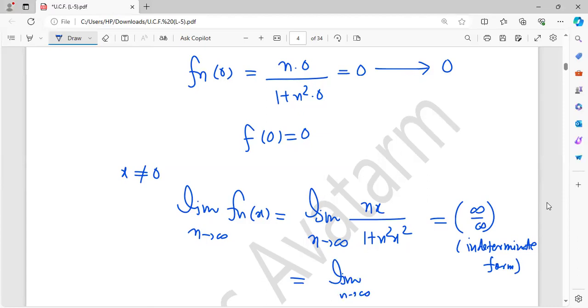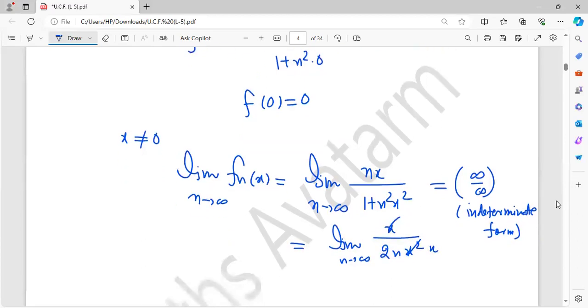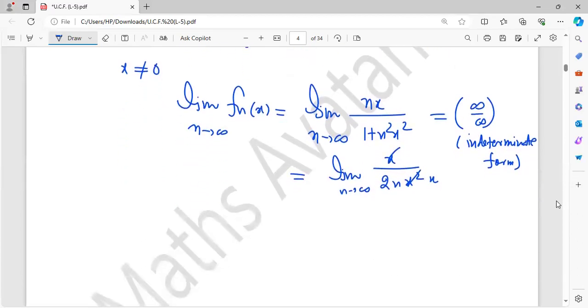So we get x upon 2n x square, so one x will be cancelled out. So now the limit as n tends to infinity of 1 upon 2nx.